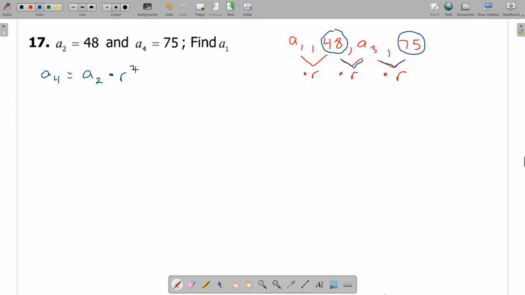Now, what this allows me to do is plug in the information I know, the a4 and the a2, so 75 and 48, and then solve. So I'm going to divide by 48 first. That would give us 1.5625.